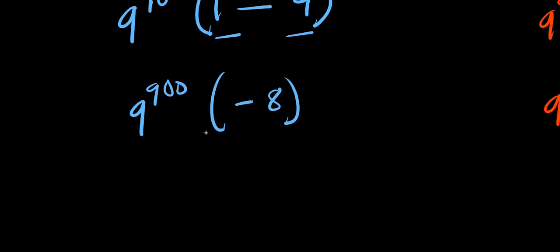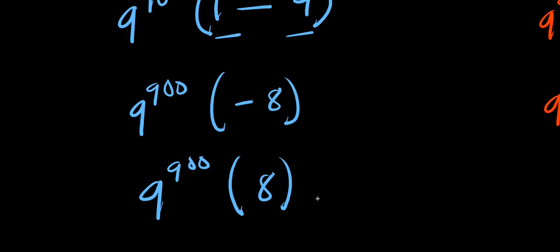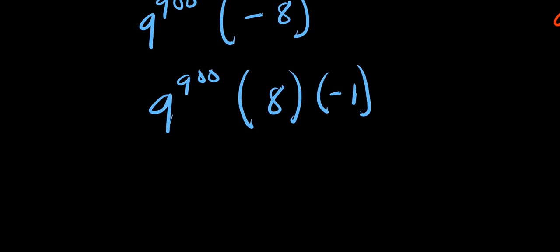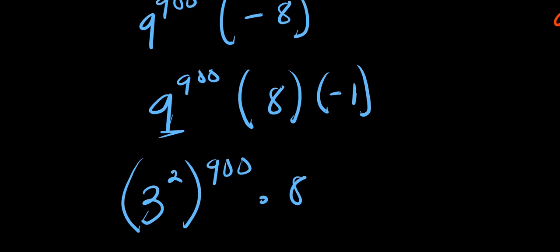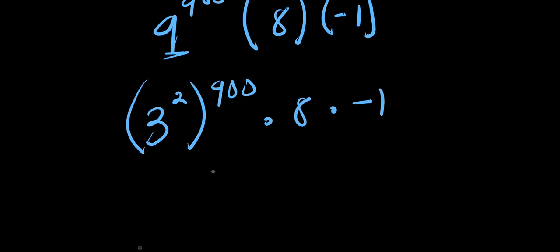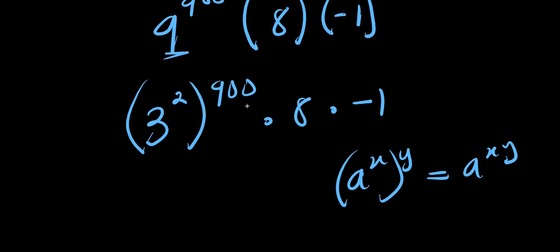So from here, I'll have 9 to the power of 900 times 8 times negative 1. 9 is what? 3 power 2. I have 3 to the power of 2 to the power of 900 times 8 times negative 1. So a power x to the power of y equals a power x times y. Multiply this out.